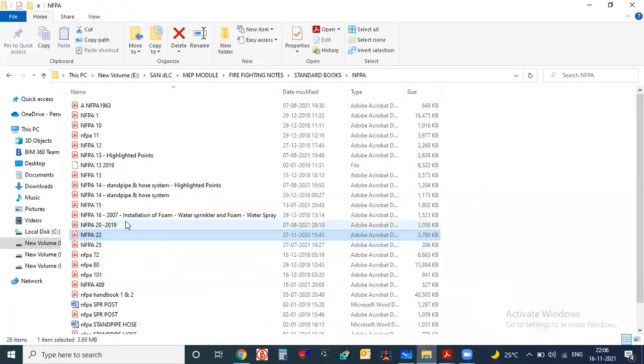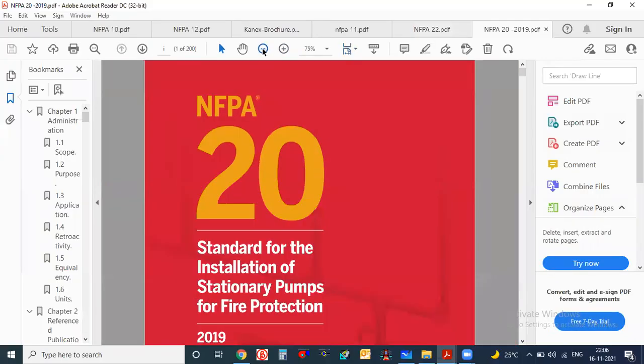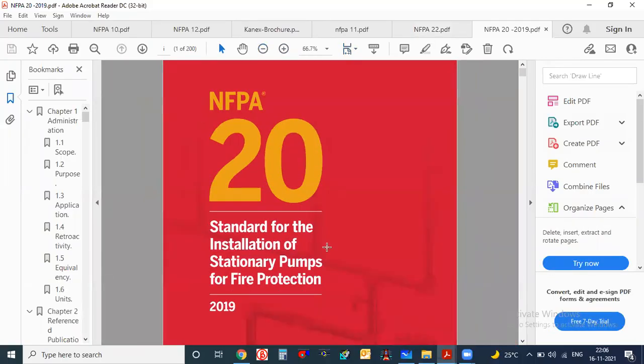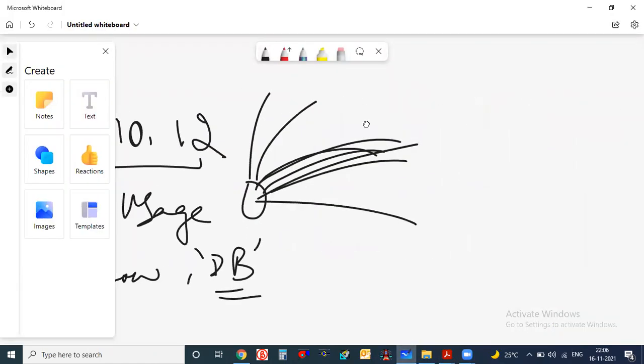NFPA 20 is there. Now we will be talking about NFPA 20. This NFPA 20 is for the pumps actually. Even in this NFPA 20, most of the things are given according to the manufacturer only.